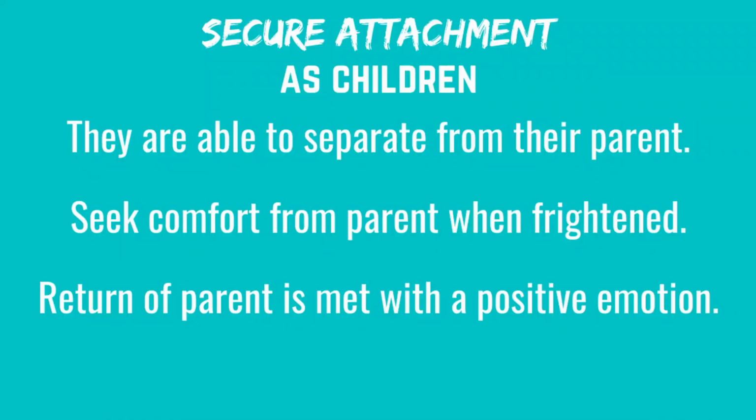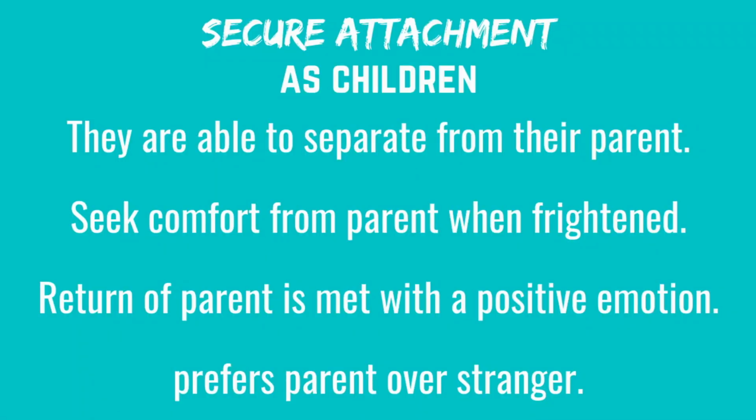But when the parent returns, the securely attached children are so happy, they are relieved, they are so happy to see their parent come back. And this is a very positive emotion, right? Being happy, being relieved, being ready to be comforted by their parent.